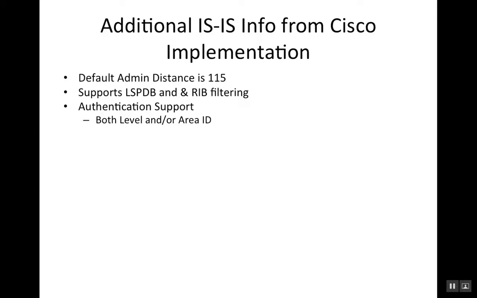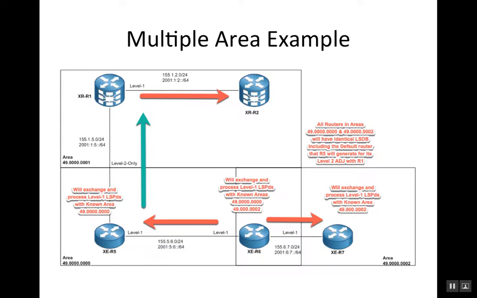And with that being said, if you have two areas, like we had in the previous example, you can actually set a password on the area. Let's go back to the example here. If you put a password on area 2, and router 5 or router 6 gets that information and doesn't have the password for it, it will not be able to form an adjacency with router 7 unless that password is matching.